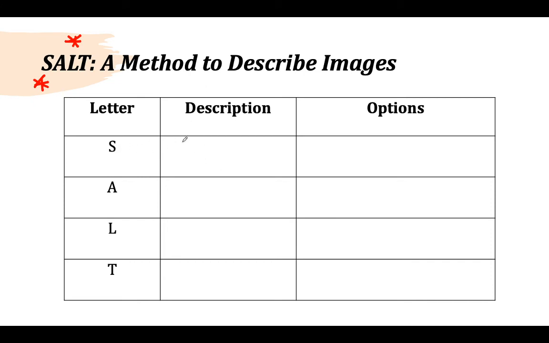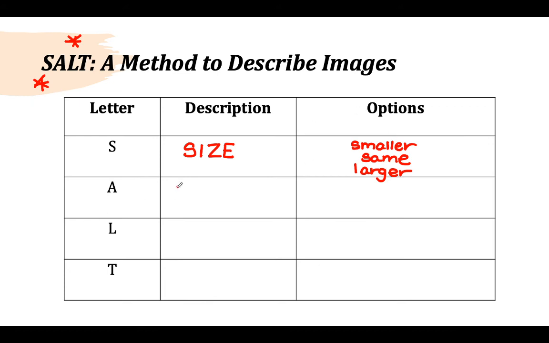So S stands for size. So the size of an image is a comparison to the object. So the size can be smaller than the object, it can be the same size as the object, or it can be larger. Now notice that all of these options are a comparison to the object, right? So I'm describing the image by comparing it to my object.